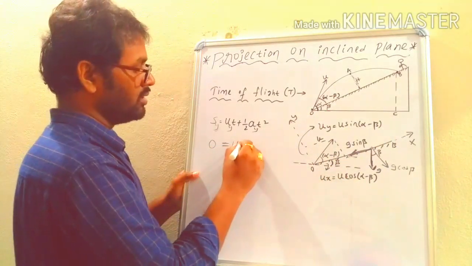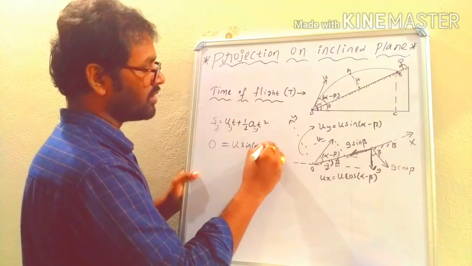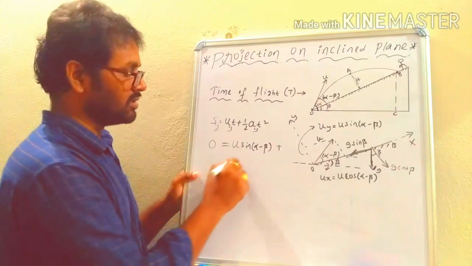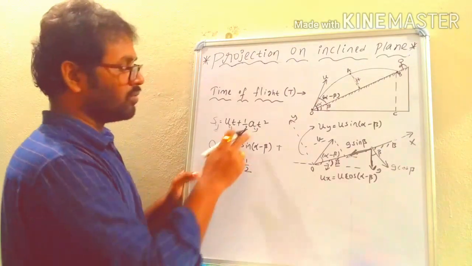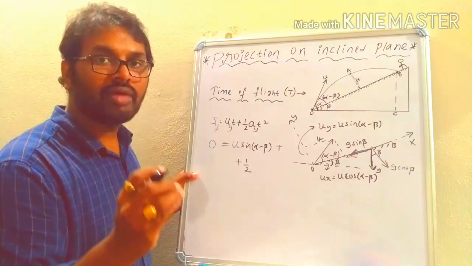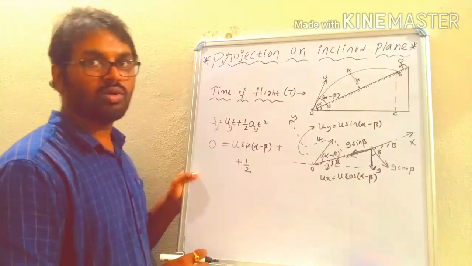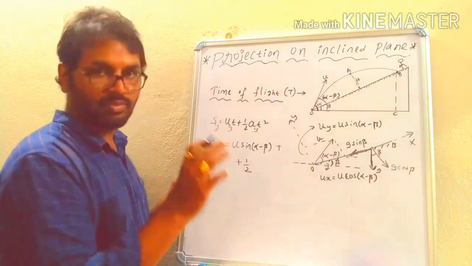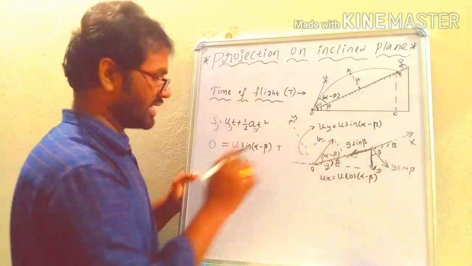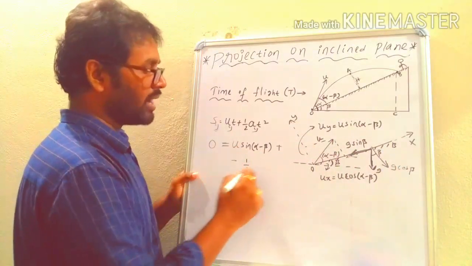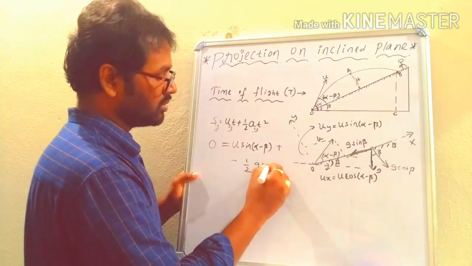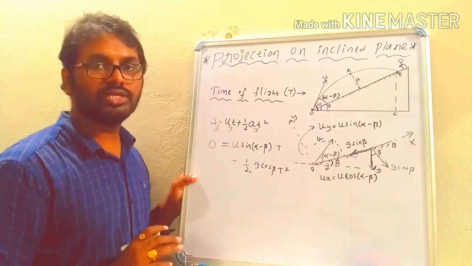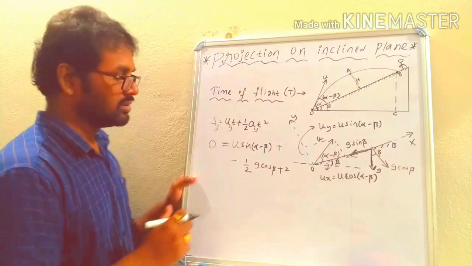You can write here u sin(alpha minus beta) into T, capital T, the time of flight, plus half. What is Ay? The component of gravity along the y-axis. How much did you get? g cos beta, but in the downward direction. So when you take u sin(alpha minus beta) as positive, you should take it as negative. So it comes as minus half g cos beta T squared. If you solve this equation, you will get the time of flight directly.